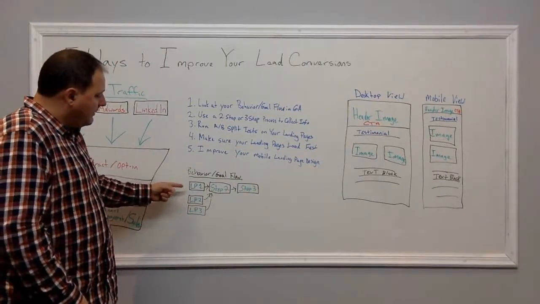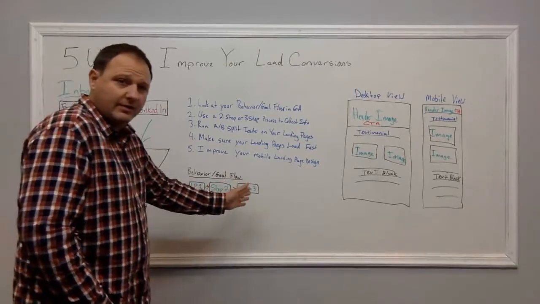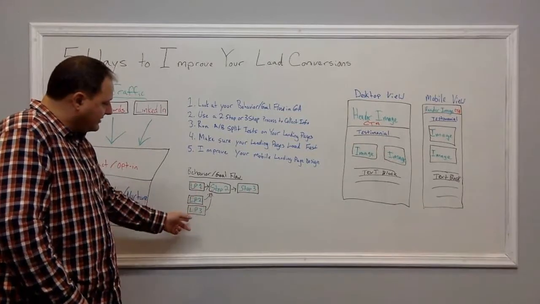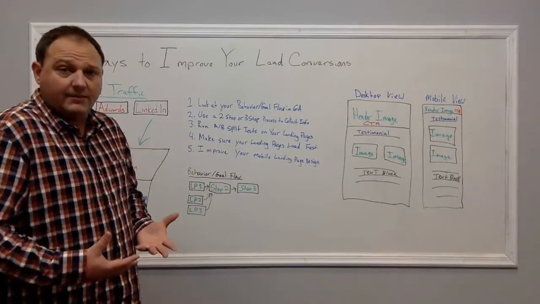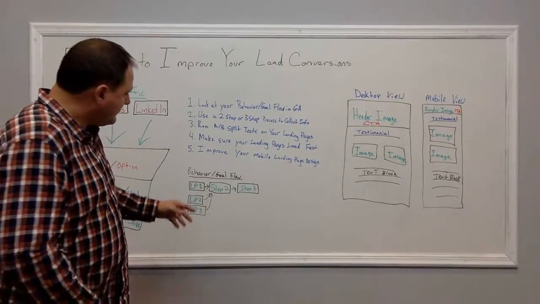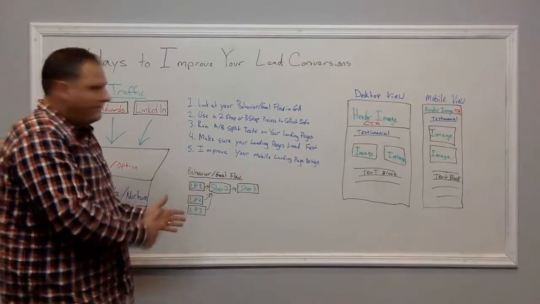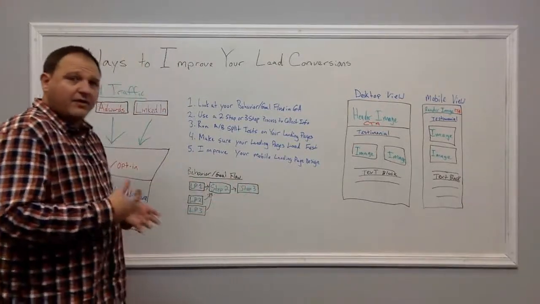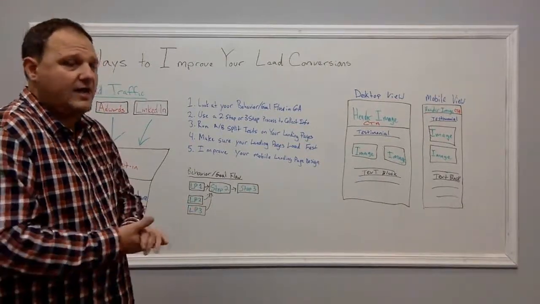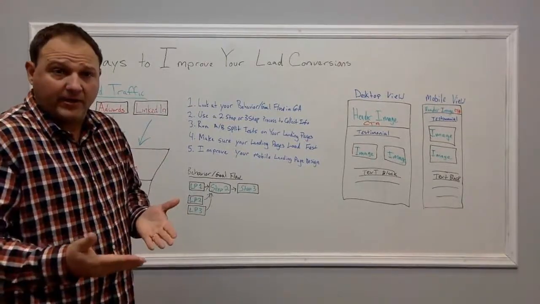If you're getting drop-offs on these pages, and maybe you have 3 steps in the whole process, and maybe they're dropping off at the first stage here, then that's the page you need to look at, and you need to start running an A/B split test on. If they're dropping off on step 2, then that's the page you need to look at. If they're dropping off at the 3rd step before they're finally converting, then that's the page you need to look at. So again, this will help you identify the problem areas of your funnel.